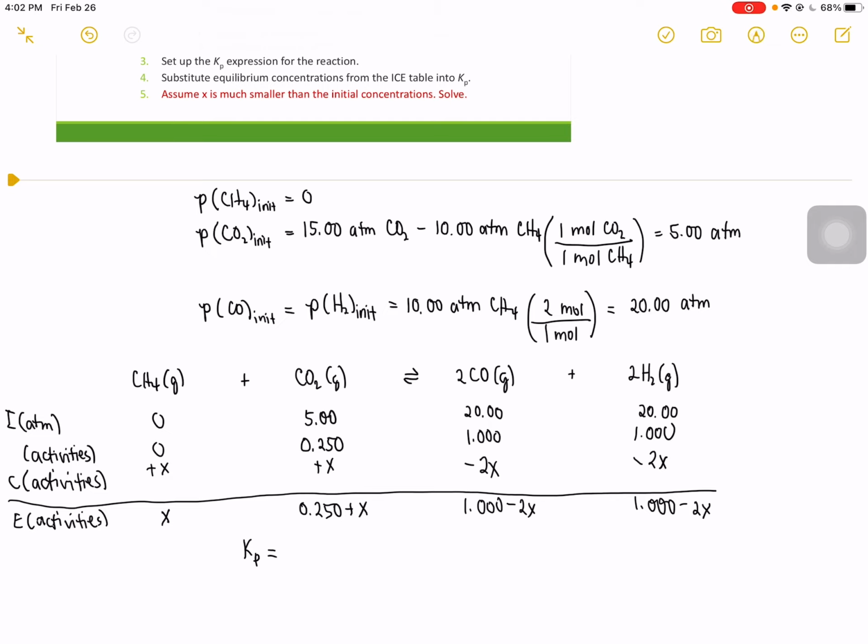Our K sub P is then expressed in terms of the equilibrium activities as the activity of hydrogen at equilibrium squared times the activity of carbon monoxide at equilibrium also squared, divided by the equilibrium activity of methane multiplied by the equilibrium activity of carbon dioxide.